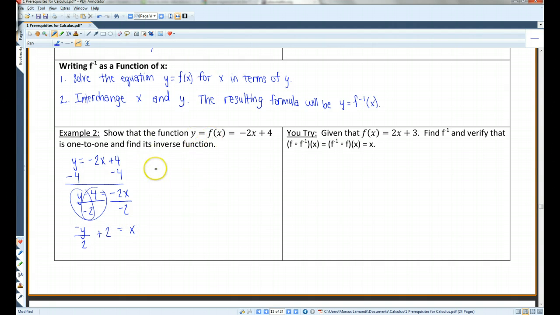Now I'm going to switch my x and y. So I've got y equals negative x over 2 plus 2. I also moved this over there so it just looks a little bit nicer. Okay? So, inverse f of x equals negative x over 2 plus 2.